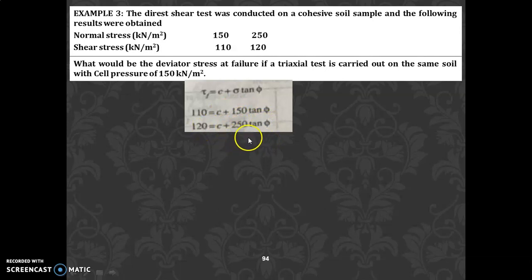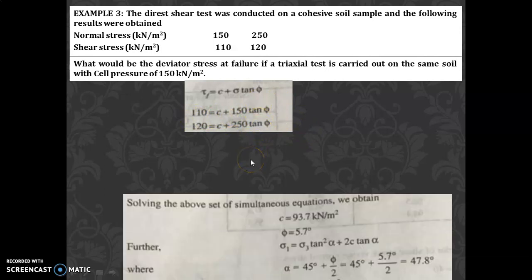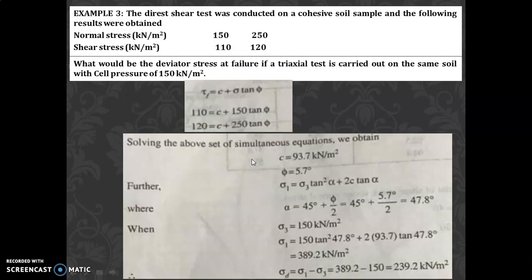So that is only one unknown, and you can calculate phi. Once you get phi, you can substitute in any one of these equations and find C. When you solve this equation, we get C is equal to 93.7 kilonewton per meter square and phi is equal to 5.7 degree. Okay, you just cross check this answer whether you are getting the same or not.